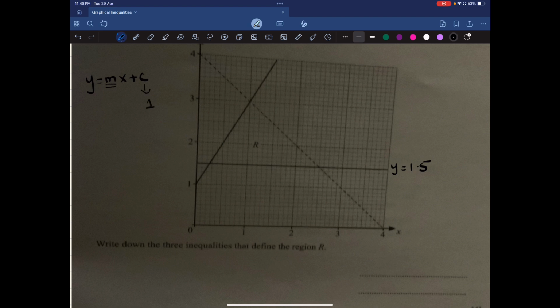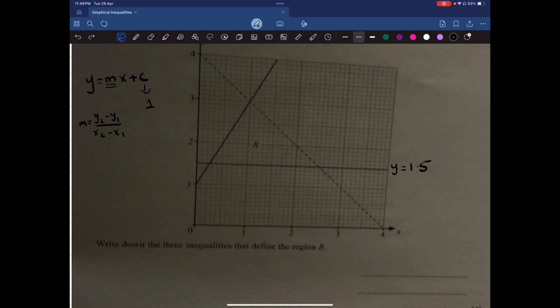What is the formula for calculating the gradient? M is the gradient, right? y2 minus y1 over x2 minus x1. So what are we going to do? We have this line. We are just going to choose any 2 points on the line. So we can choose this point, 0 and 1, and we can choose this point, 1 and 3.